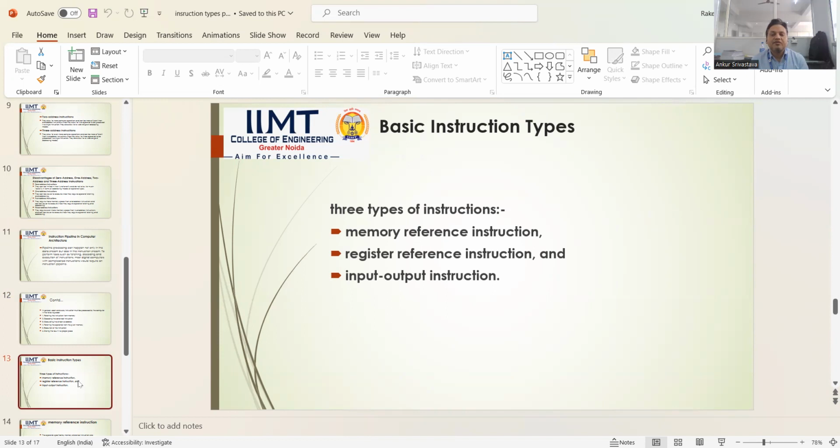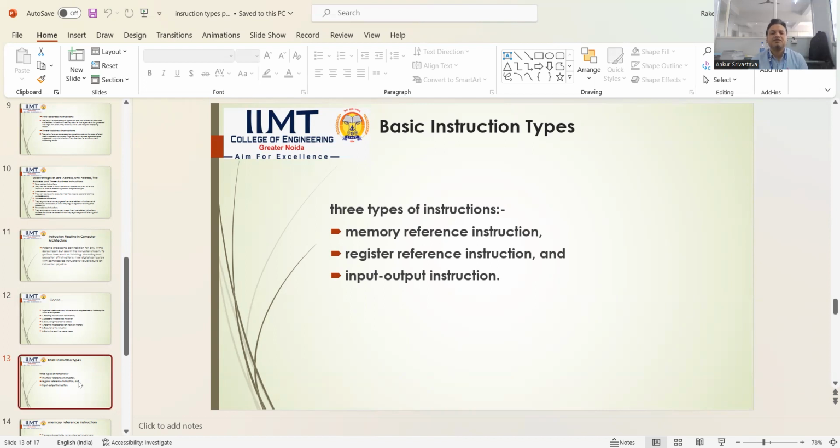Number one is the memory reference instruction, number two is the register reference instruction, and number three is the input output instruction. Again, I am repeating, in terms of reference, we also have instruction types. We have instruction formats, instruction cycles, and instruction types in terms of reference. So that is why instruction is a very large topic.